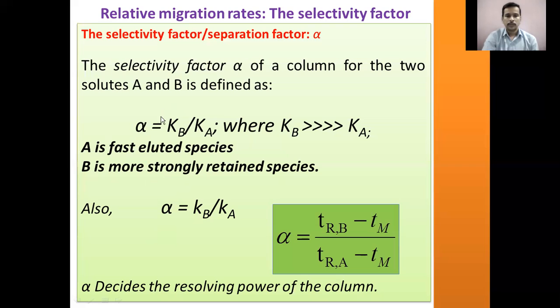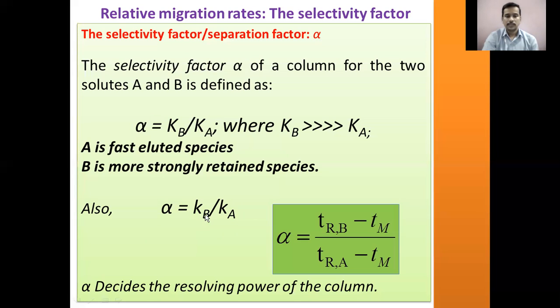And also, if you rearrange this particular ratio Kb divided by Ka, you can get alpha equal to small kb divided by small ka. This is the capacity factor or the retention factor. Capacity factor or retention factor is also a term which is used to express the migration rate of the solute.